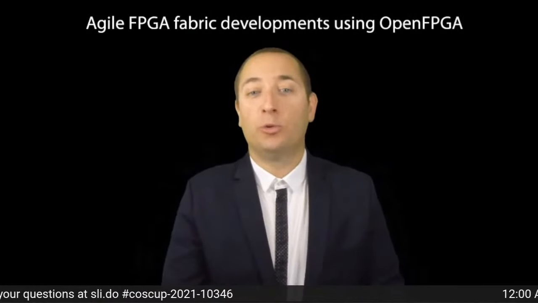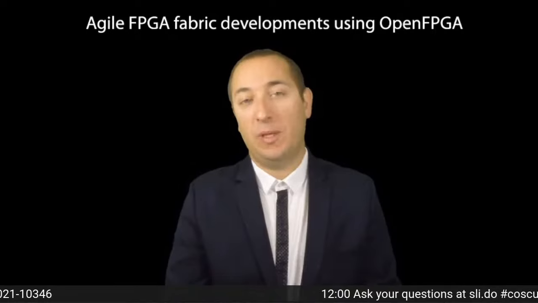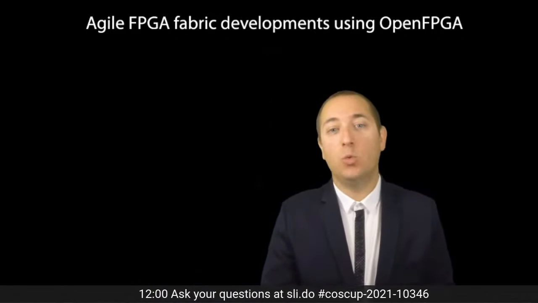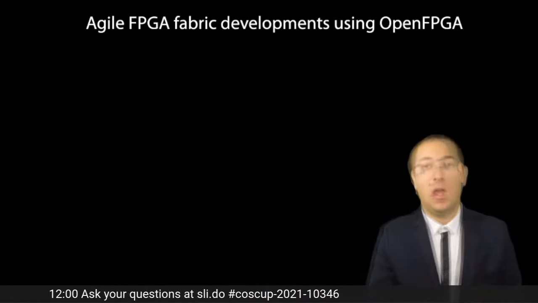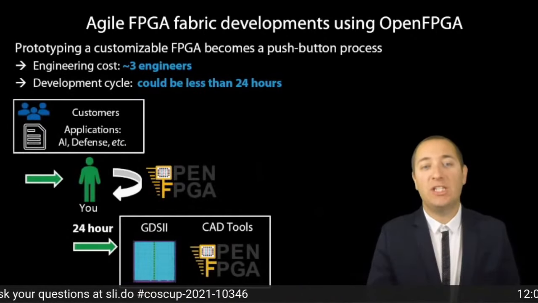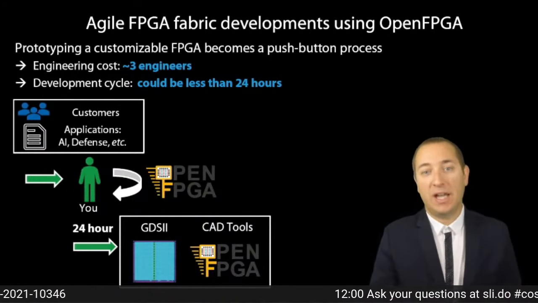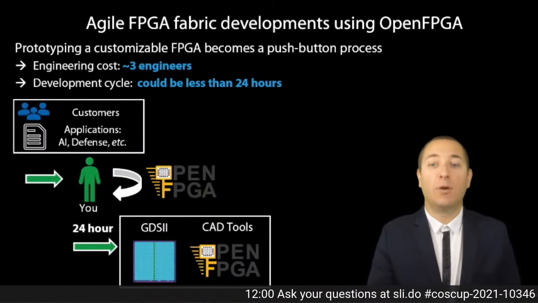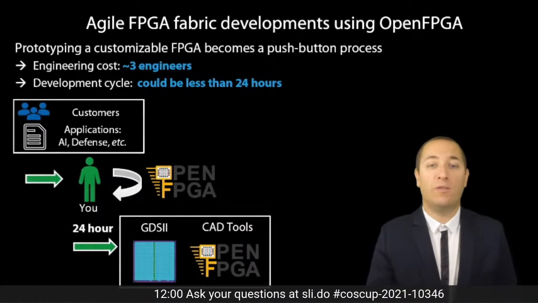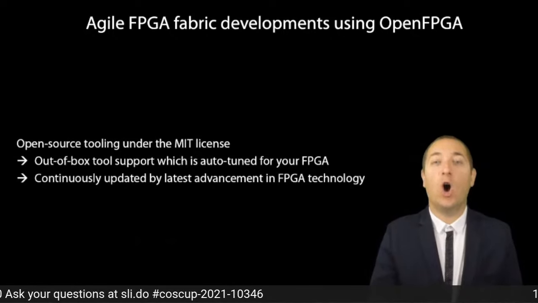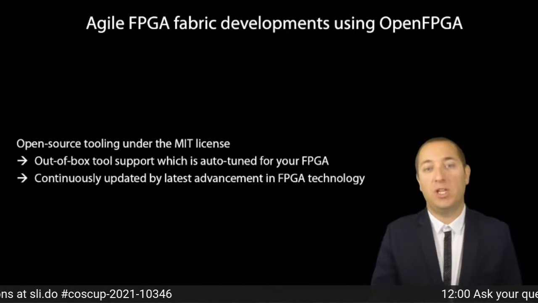OpenFPGA is an open source framework that enables the agile prototyping for customizable FPGAs. Using OpenFPGA, hardware development is way simpler than before. By exploiting cutting-edge design automation techniques, OpenFPGA can reduce the development cycle of a new FPGA from a year long to less than 24 hours. OpenFPGA provides out-of-the-box open source design tools for your FPGAs.